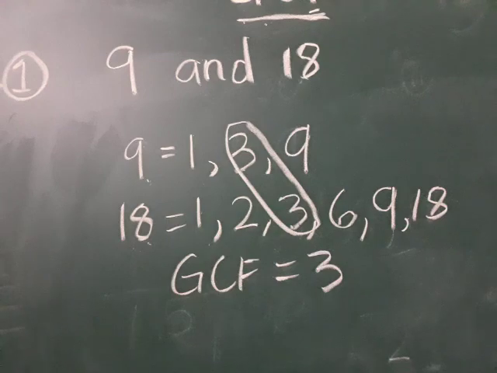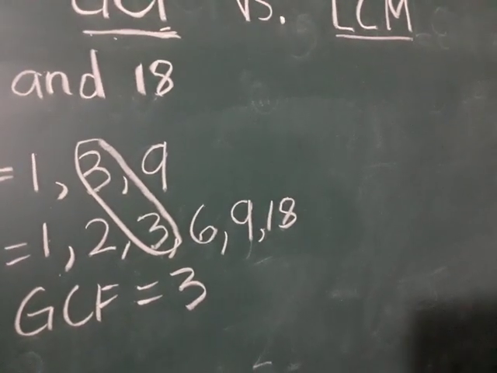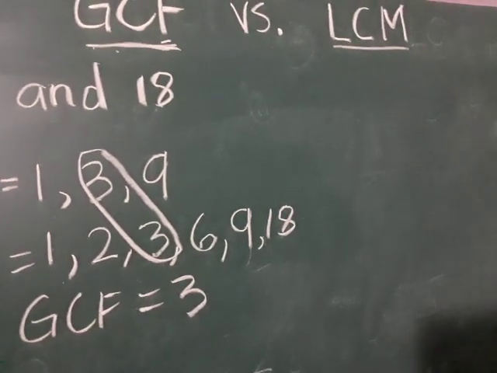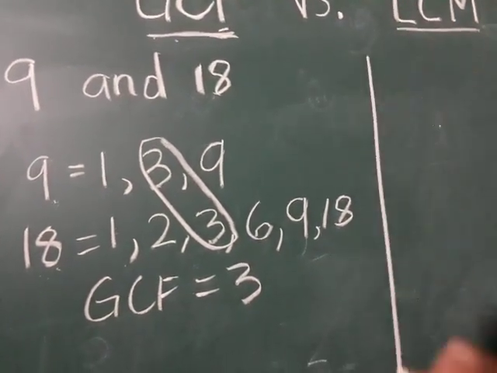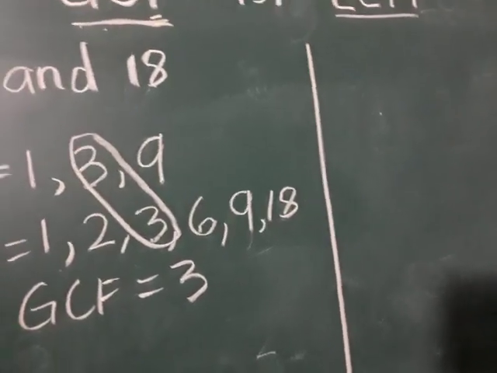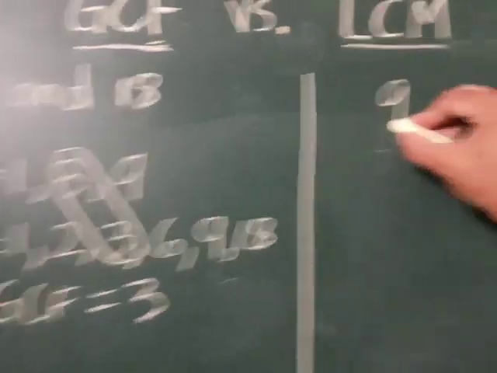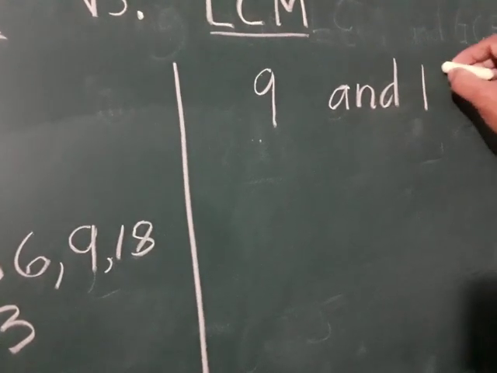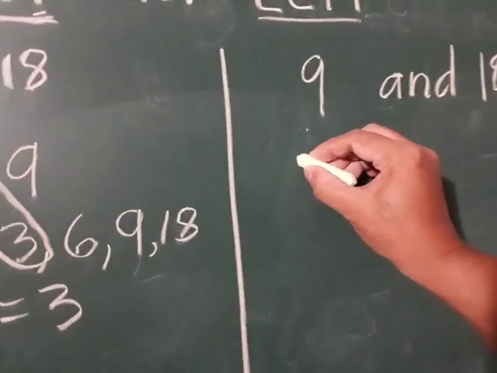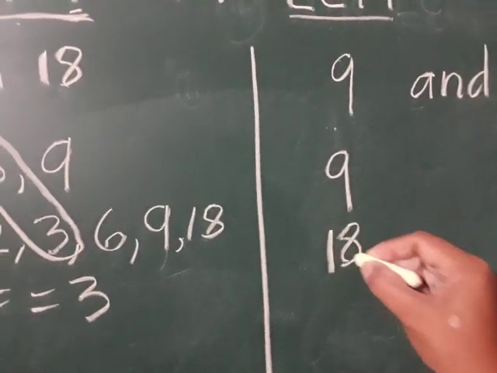Okay, so how about getting the LCM? How about getting the LCM using the same numbers? Okay, we have the listing method. So for 9 and 18, of course, we need to write 9 and 18.